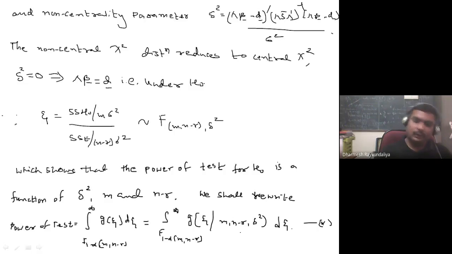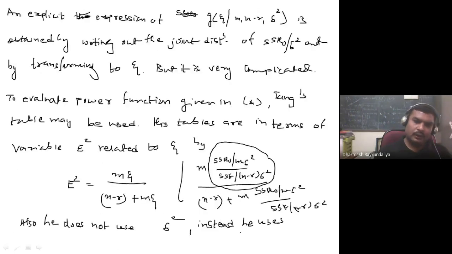It is very difficult to obtain the integration value explicitly. So Tang has given the tables. By using those tables, you can evaluate the integration function, but those functions are in the form of e square and f1, f2, where e square is m xi upon n minus r plus m xi.